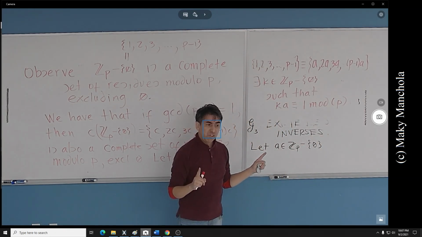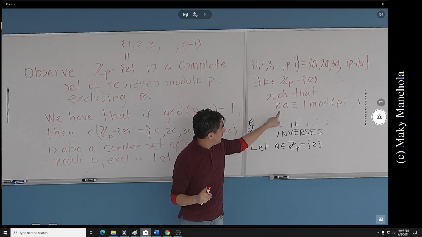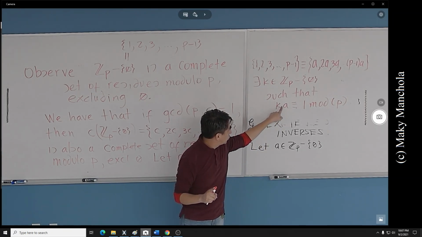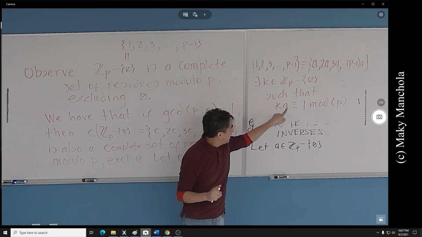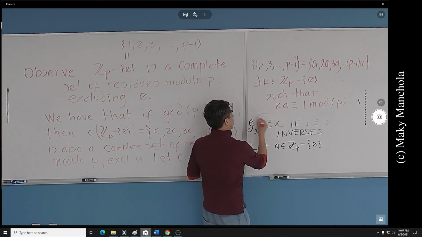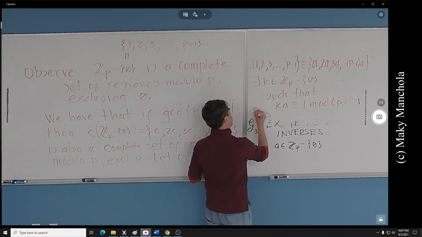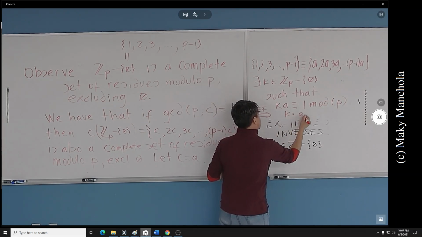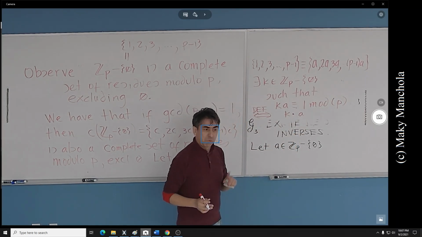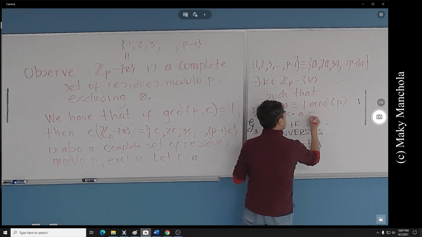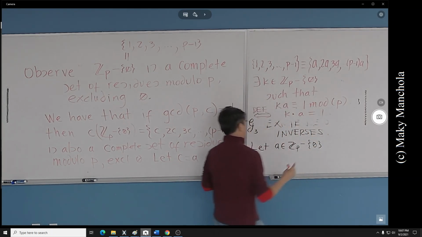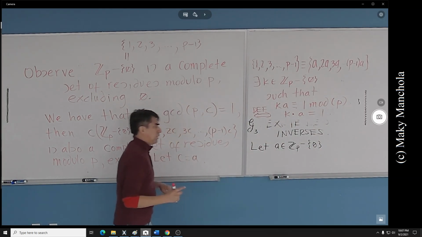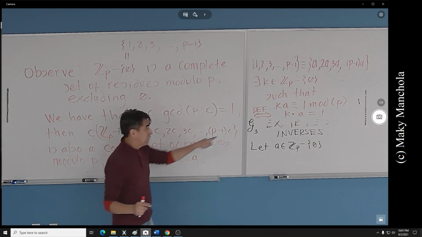By definition of multiplication modulo P, that means that K times A equals 1. So by definition, K times A, where the multiplication here is multiplication modulo P, equals 1. And therefore, K is the inverse.